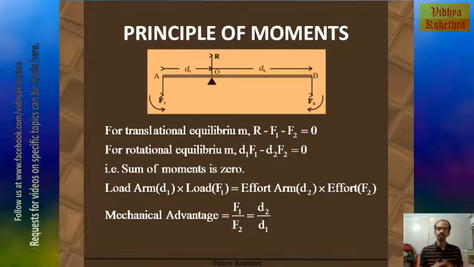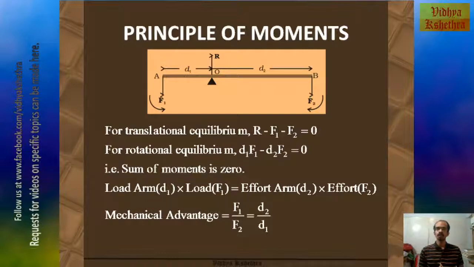And for rotational equilibrium, D1 F1, which is the moment, minus D2 F2, since the torque is in the opposite direction. That is, in this case, the torque in the clockwise direction is considered as negative, while the torque in the anti-clockwise direction is considered positive. Hence, D1 F1 minus D2 F2 is equal to 0. That is, sum of moments is 0.